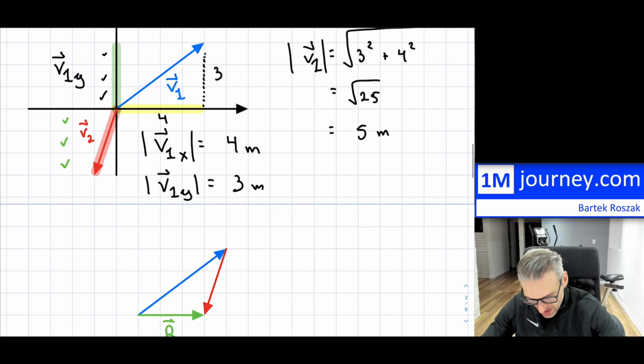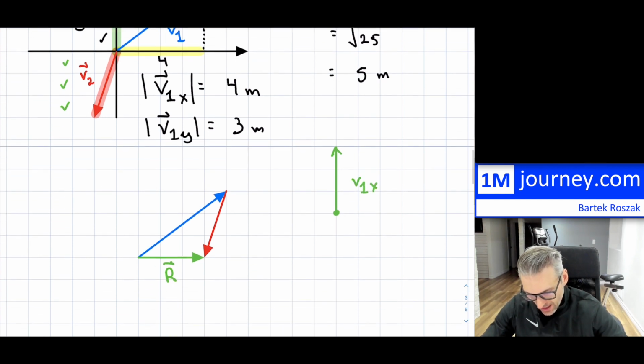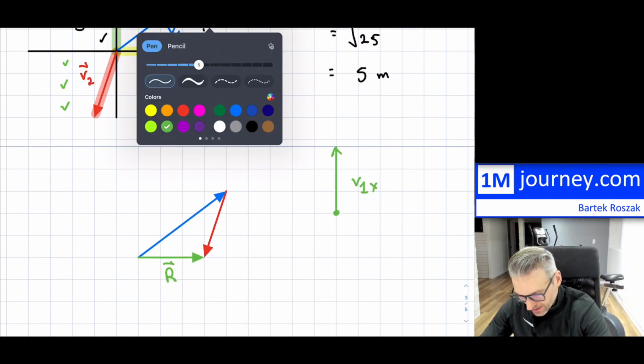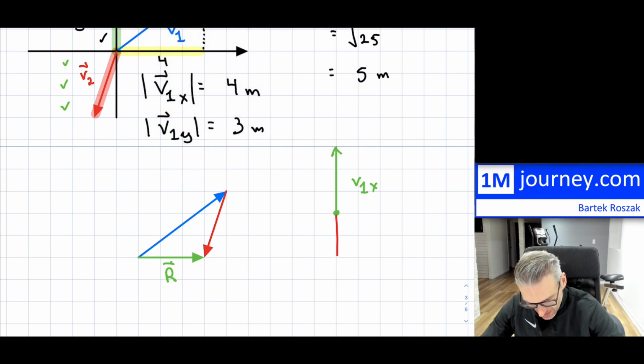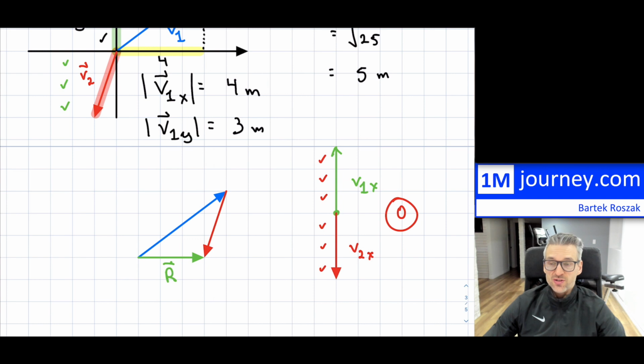What I have is 3 going upwards in this direction, that's from V1. And then my other one is just the y component of V2. Now it just so happens this is 1, 2, 3, and this one's 1, 2, 3. So the resultant is 0, just a 0 vector in the y direction.